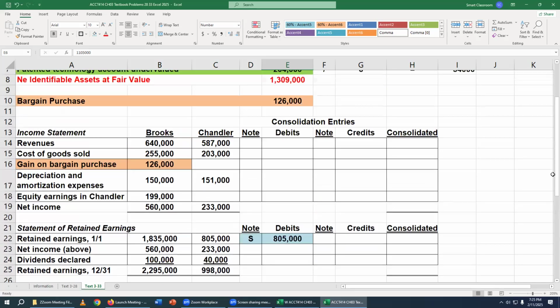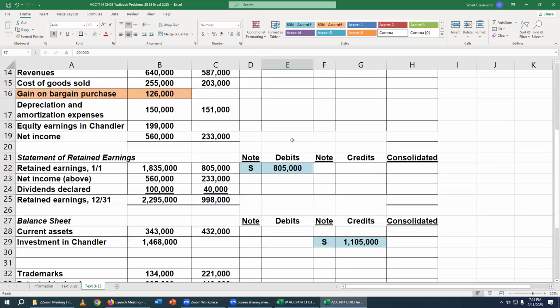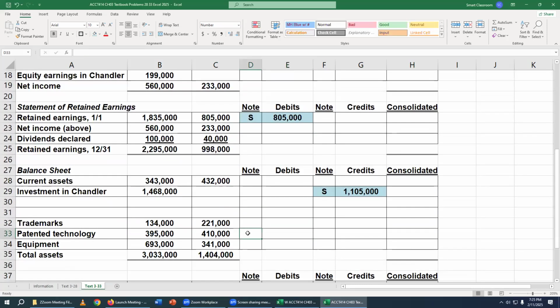Okay, we have to put on the books this patented technology, 204,000.